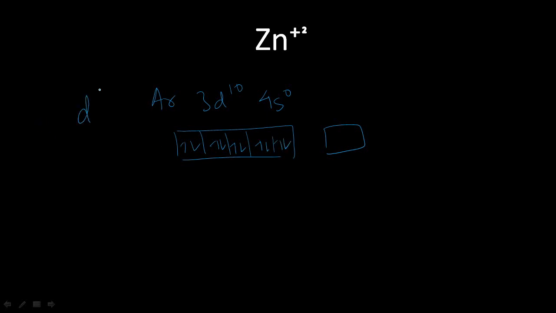It's d10. If you calculate the CFSE, the delta O that we get is 0. So when the CFSE is 0, no splitting takes place. So Zn2+ complexes are colorless.